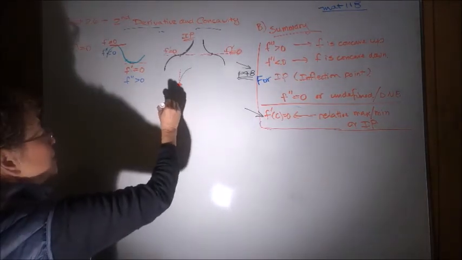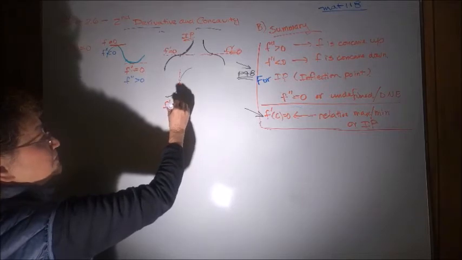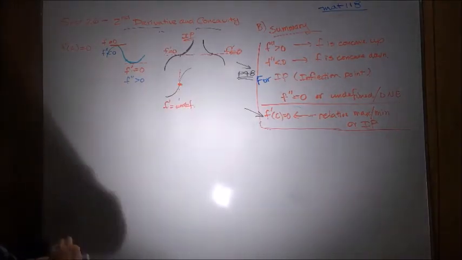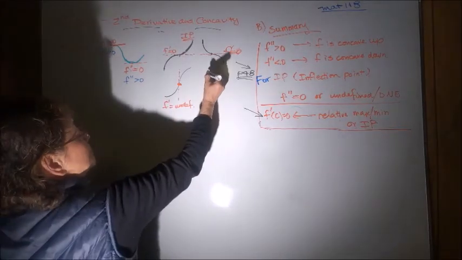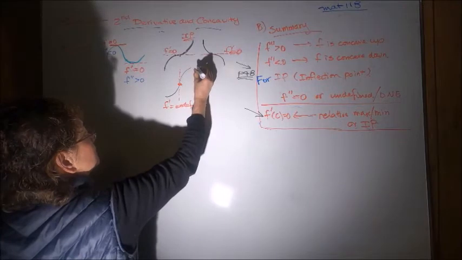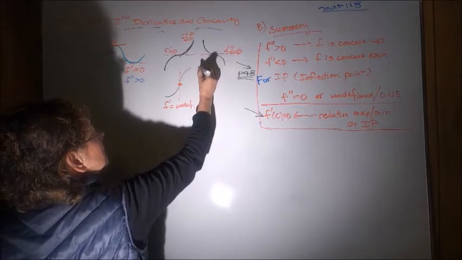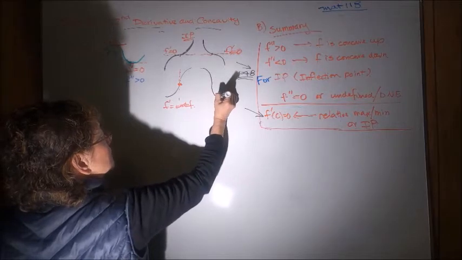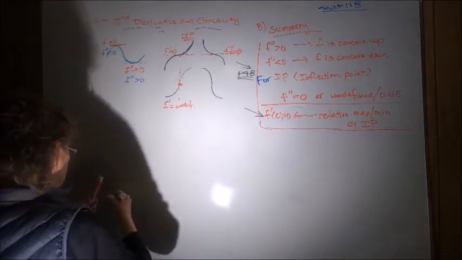Then your f prime is what? Undefined, right? And it might be what? Let's see, concave up to concave down, or concave down to concave up, right?